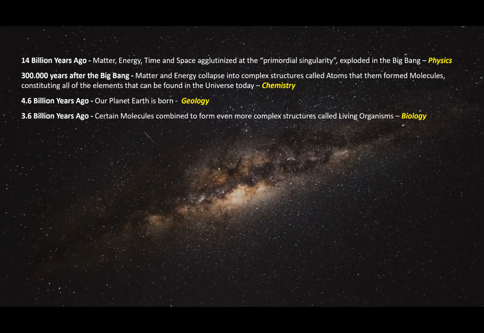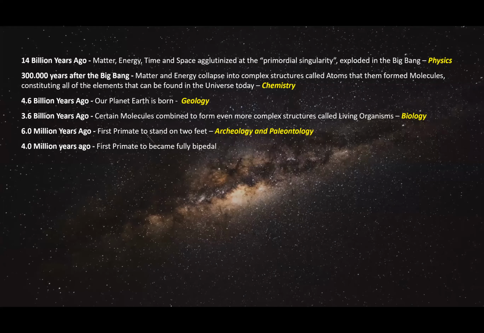And they created what we call life today. And then about 6 million years ago, one very specific type of mammal started to live on the earth. It was the first primate. And about 4 million years ago, the first primate stands up and starts walking on 2 feet.